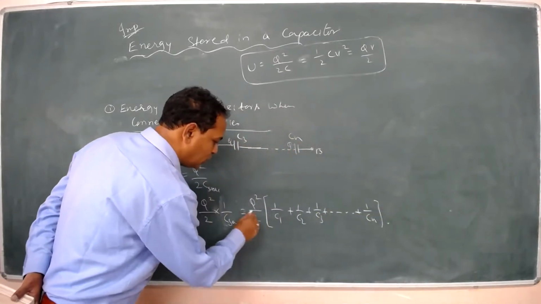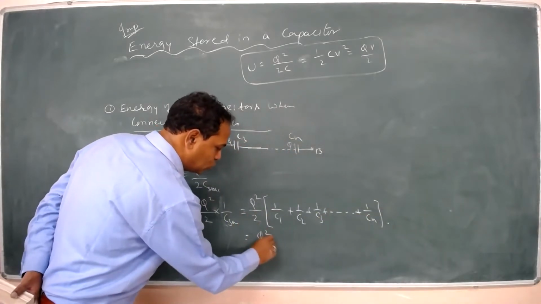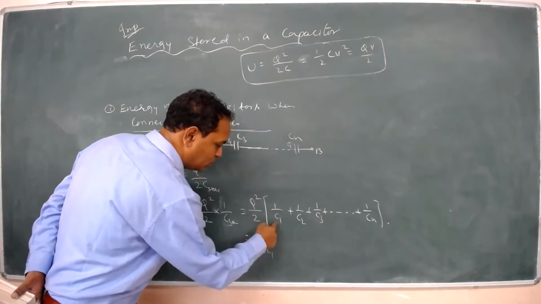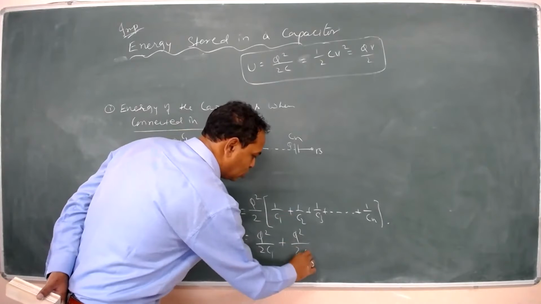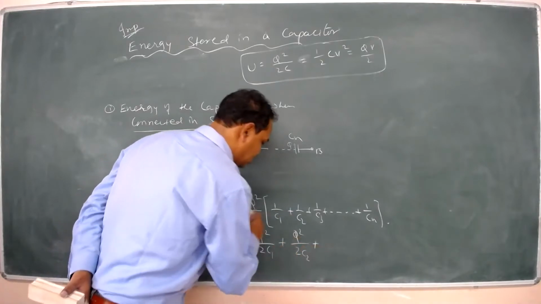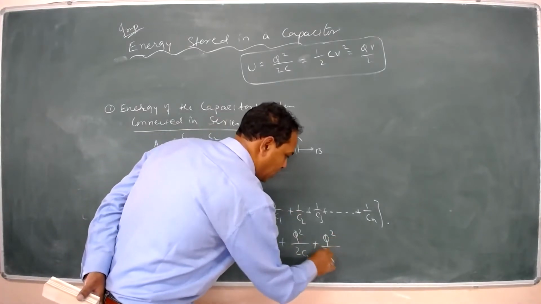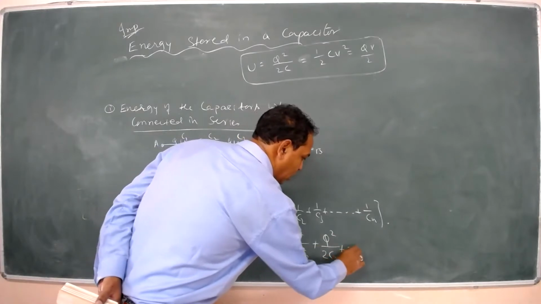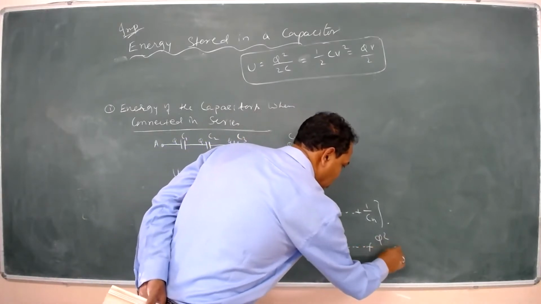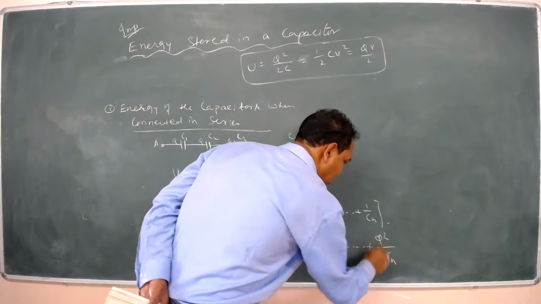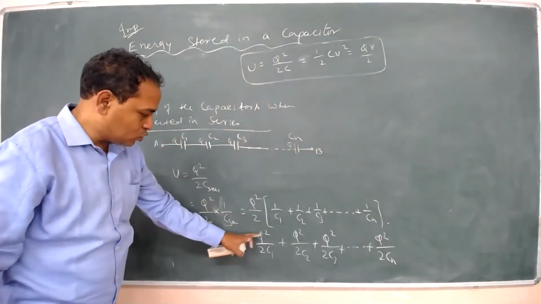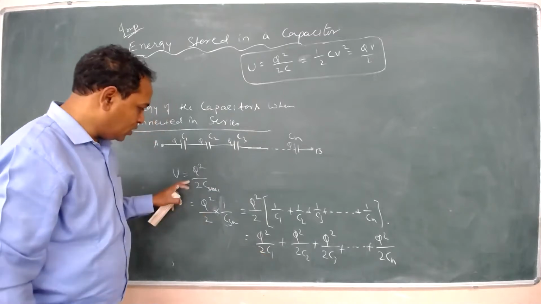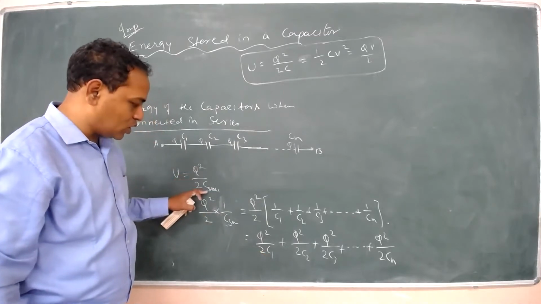So if I multiply, this is Q square by 2C1 plus Q square by 2C2 plus Q square by 2C3 and so on plus Q square by 2Cn. Each is of the form Q square by 2C.